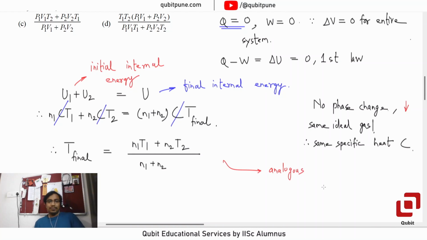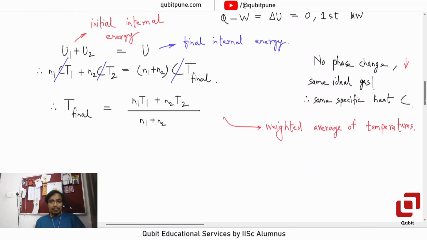Not exactly analogous to section formula, but we can say it is a weighted average of temperatures. Yeah, that's a better framing, because for the section formula it is N2 T1 plus N1 T2.